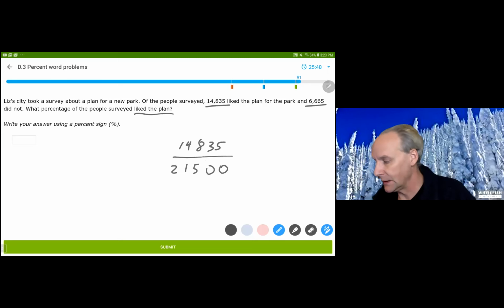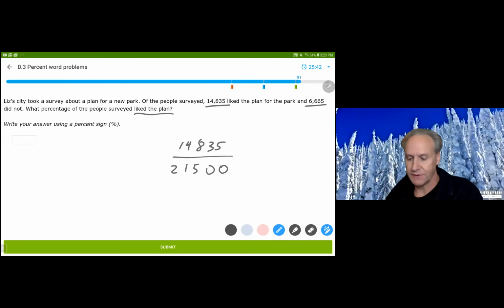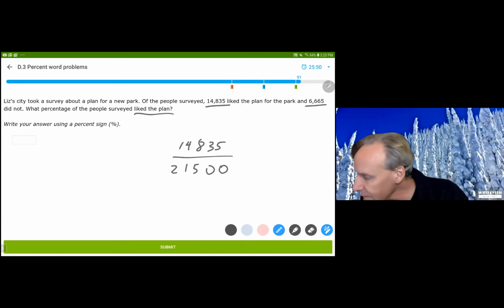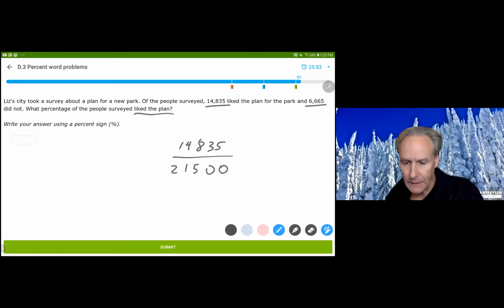But I'm going to go ahead and I could do the division, but I'm not going to do this one. 14,835 plus 6,665 is 21,500, yeah. And we are going to take 14,835 divided by 21,500, 69%.